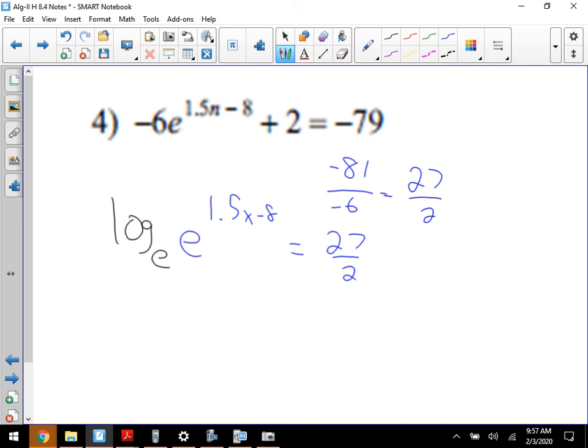These bases are the same. This would drop, wouldn't it? So then I get log base e of that fraction equals 1.5x minus 8. So then I add 8 and divide by 1.5. It's just a really crummy looking decimal, but it's just working backwards off the order of operations.